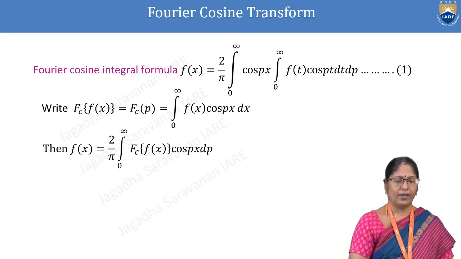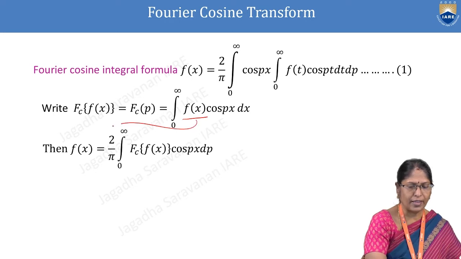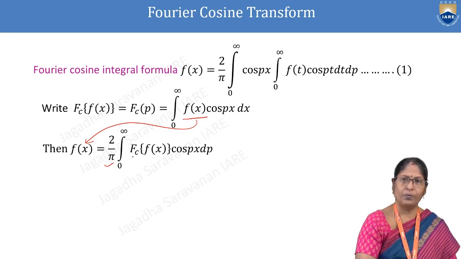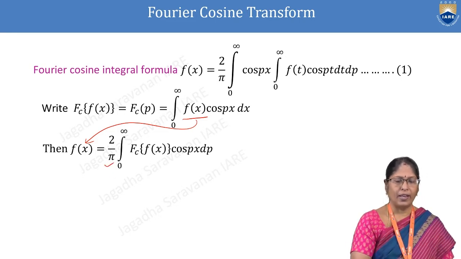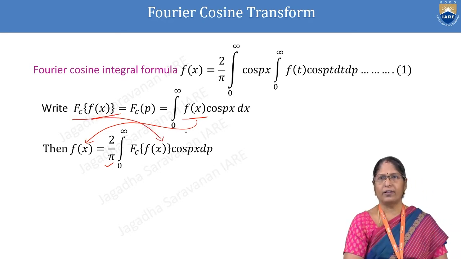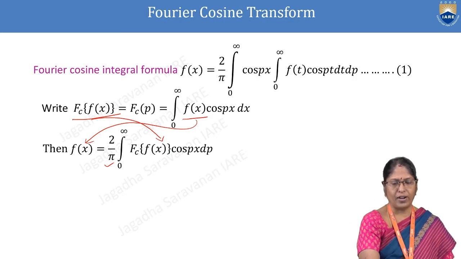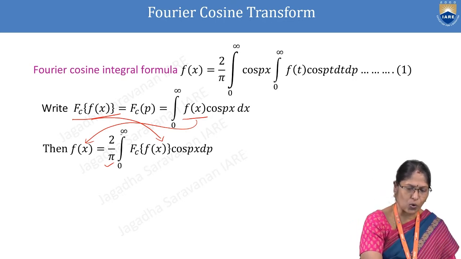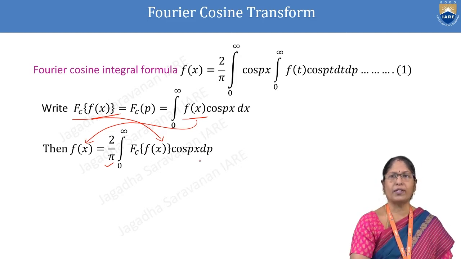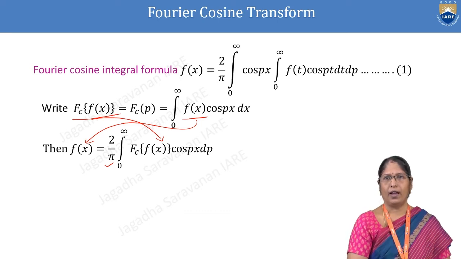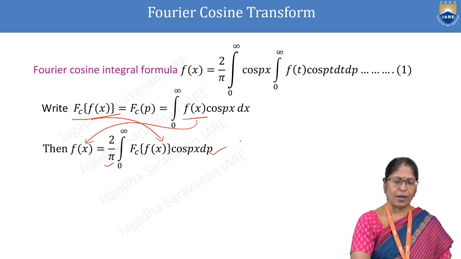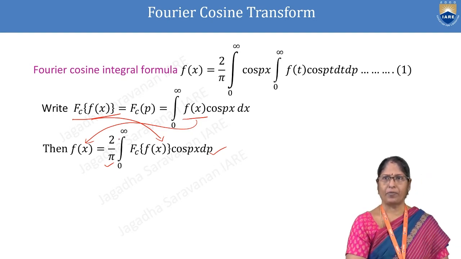Next, we notice f of x is equal to 2 by pi integral of the Fourier cosine transform, which goes inside the integral, into cos px dp, and the integral with respect to p is from 0 to infinity.